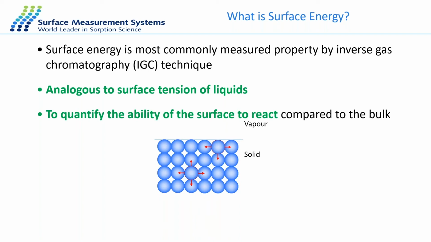In the bulk, atoms are surrounded with other atoms, and they interact with each other. But on the surface, atoms only interact towards the center.